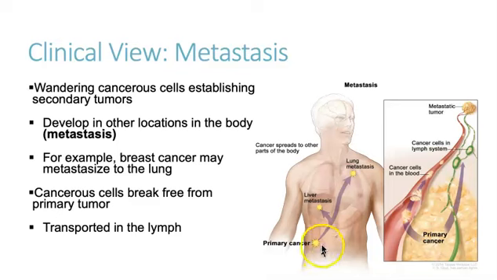So for example, if we have a bowel cancer, this can travel over to the liver or to the lungs, or if somebody has breast cancer, it can travel over to the lungs typically. Another example is if you have testicular cancer, it can travel and cause leukemia or other neoplasms of the pelvis.